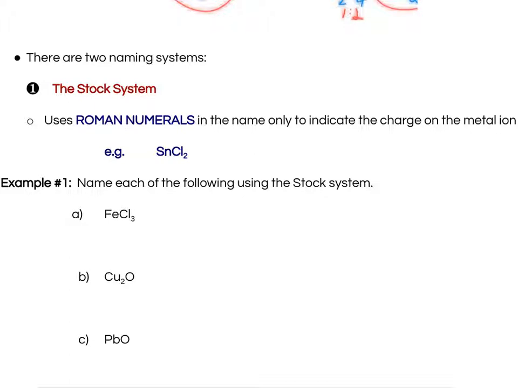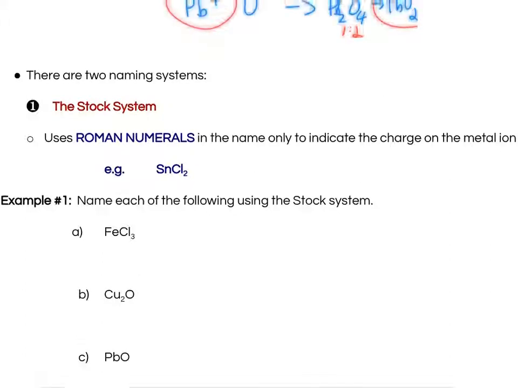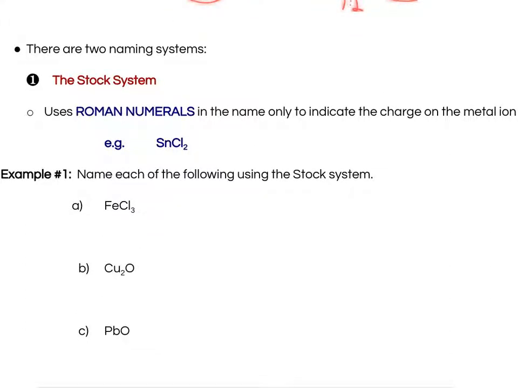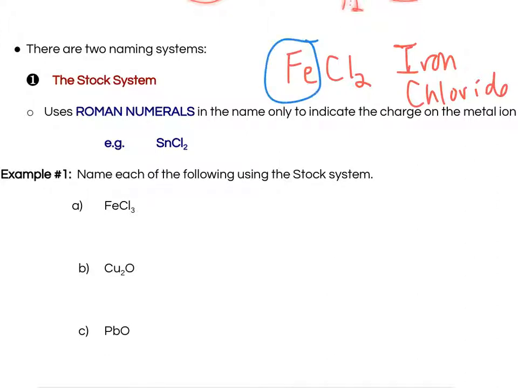All right, so there are two naming systems that I need to make sure you're aware of for naming compounds with multivalent metals in them. So the problem that exists is that if I were to just name a compound, let's say FeCl2, well, this is an example where I can't just call it iron chloride, because that doesn't tell the reader, well, is the iron in this compound iron 2+ or iron 3+?